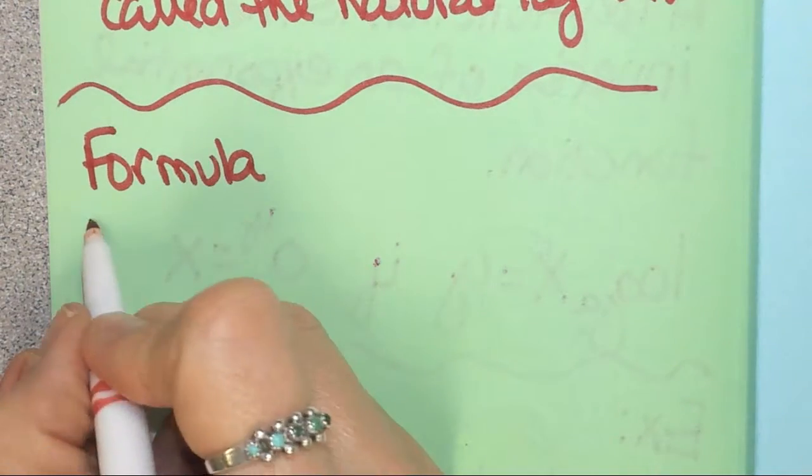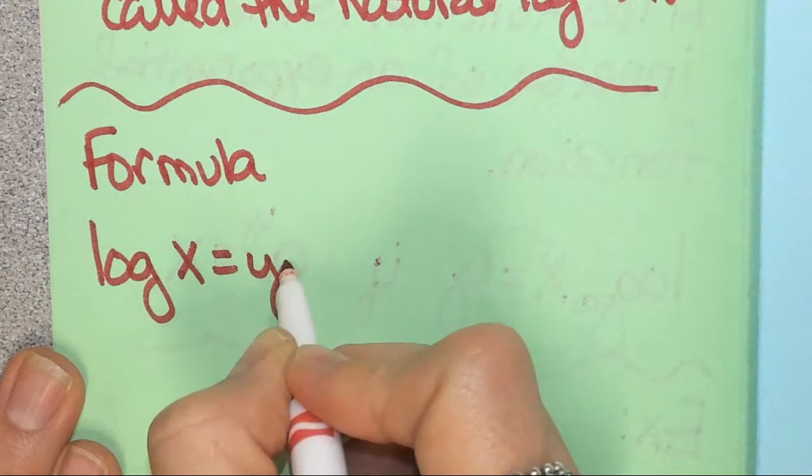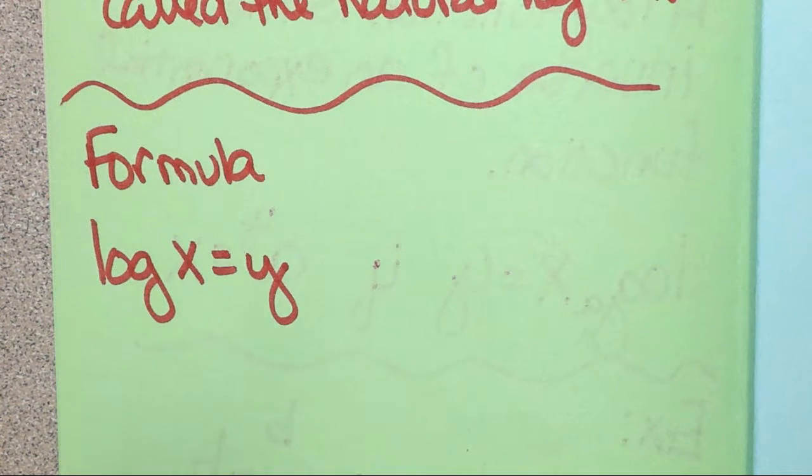So if you have the formula log of x equals y, and I said change this to an exponential, what's missing? The base. Anytime you don't have a base written here, who remembers what your base is? Not E. It's 10.